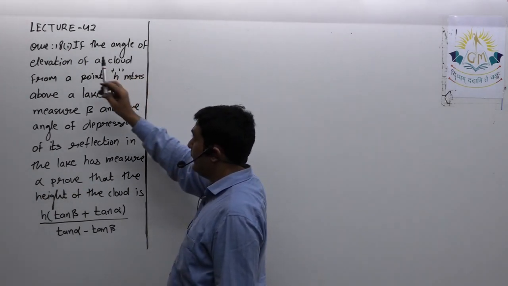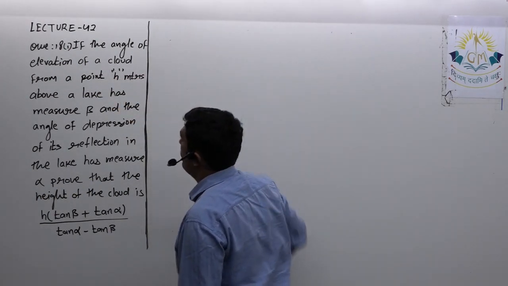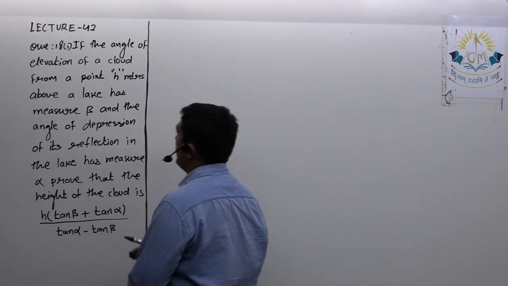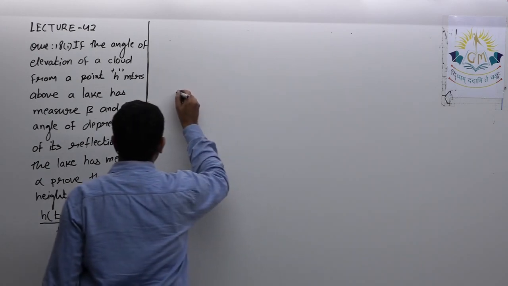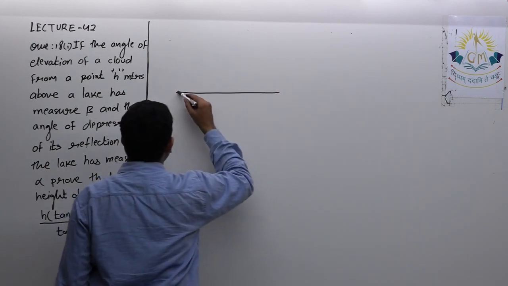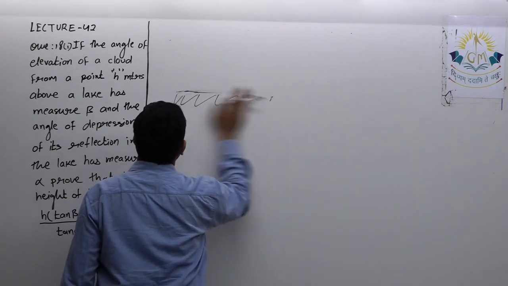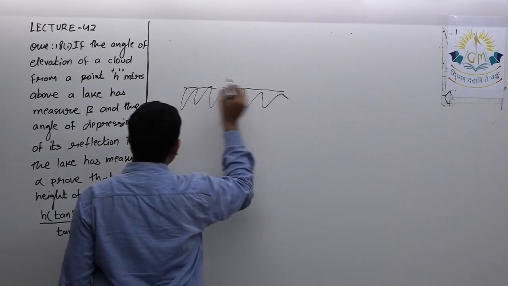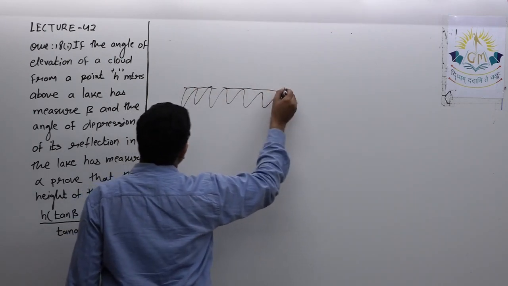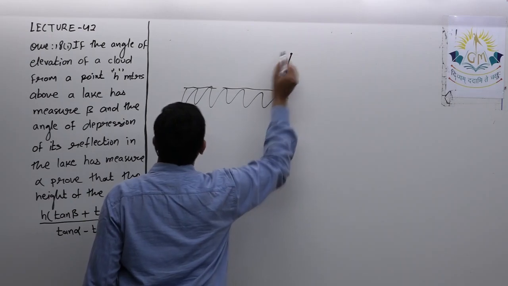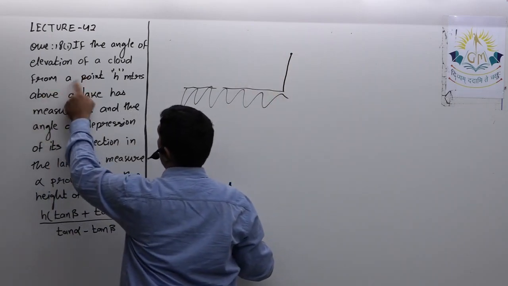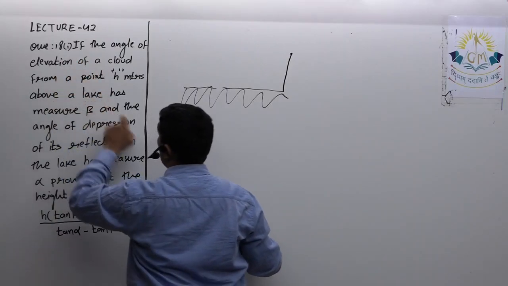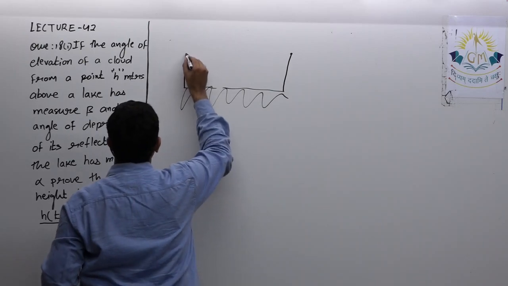It says if the angle of elevation of a cloud from a point h meters above the lake is beta. Suppose I'm considering this is the lake, and h meters above the lake there is a cloud.